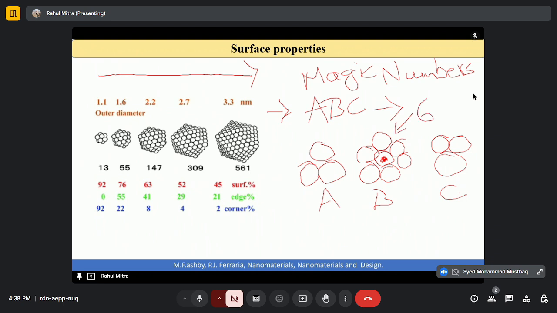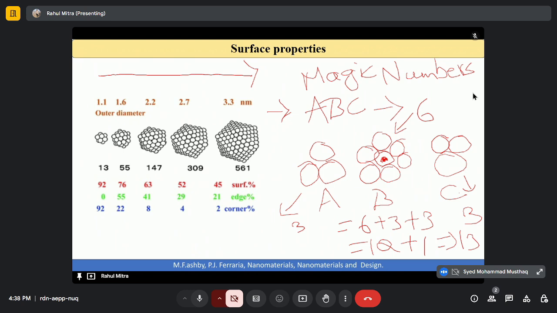The A layer has 3 atoms, and the C layer has 3 atoms. So the total will be 6 plus 3 plus 3, that is 12. And the middle atom that we are trying to cover is 1. So we have 13, the first magic number.